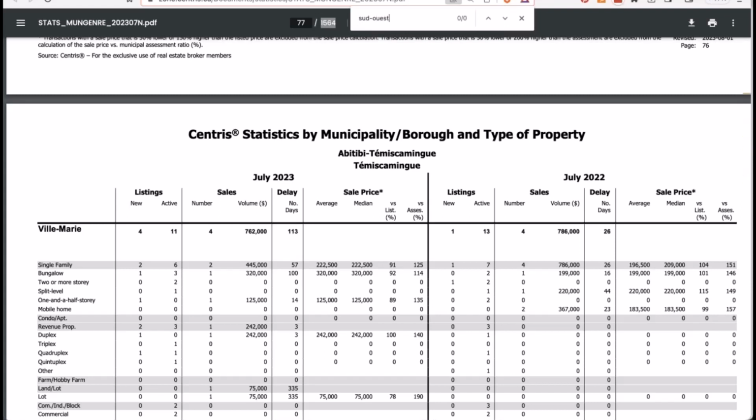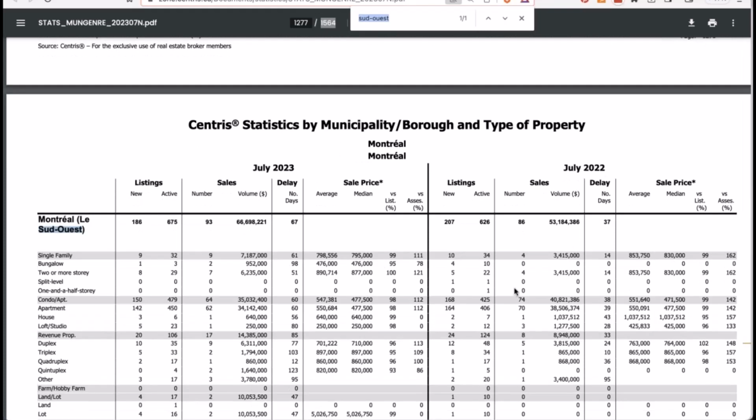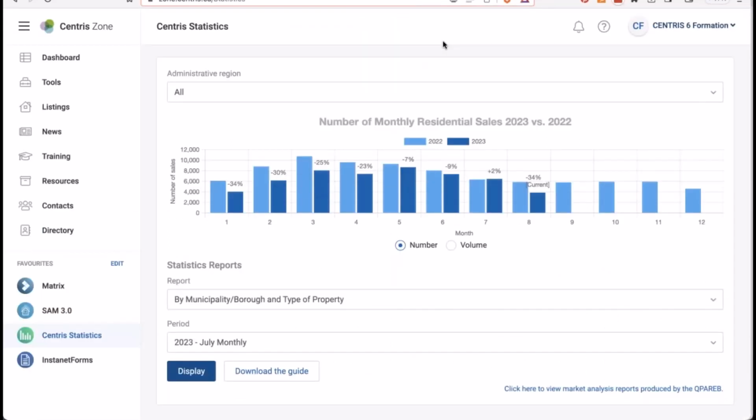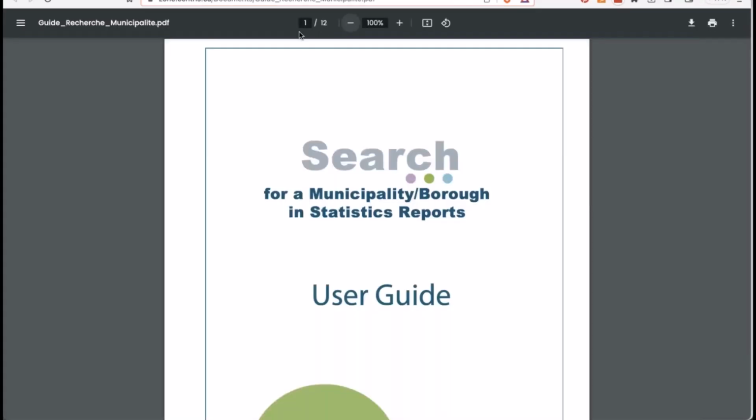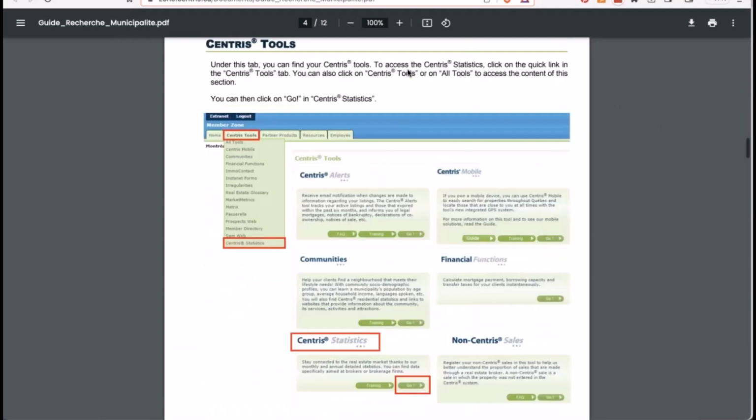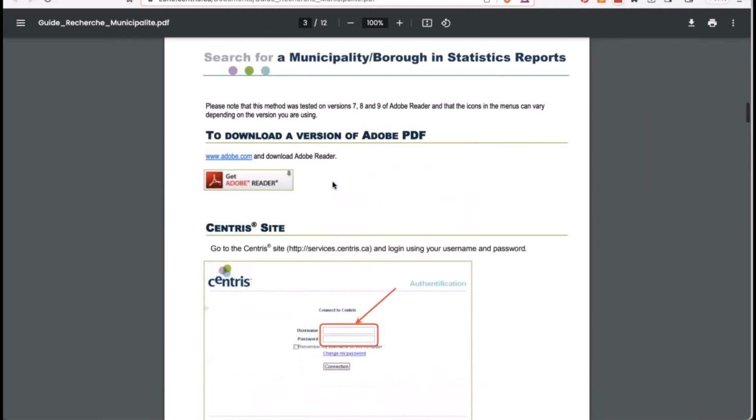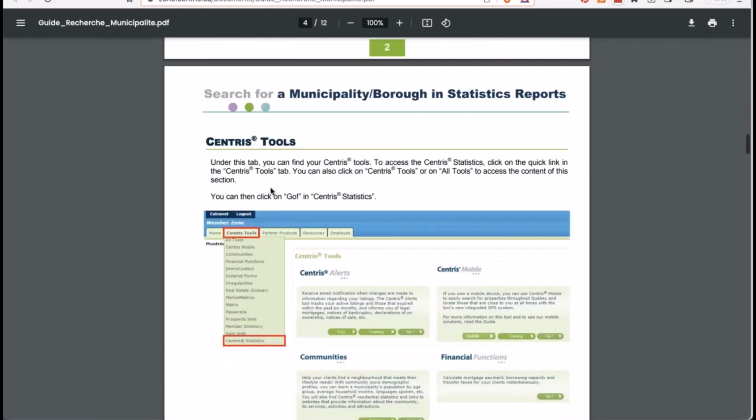Okay, so I see another question. So somebody's asking, is it possible to get this giant PDF in CSV form or XLS format? I believe not. You can download the guide here on how to use it, but really it's meant to be opened as a PDF.